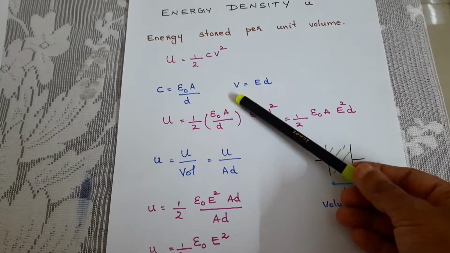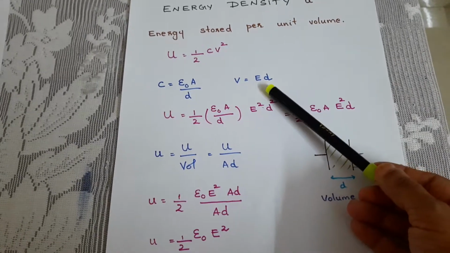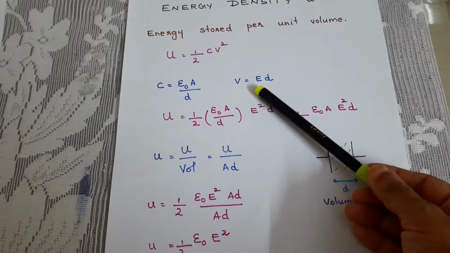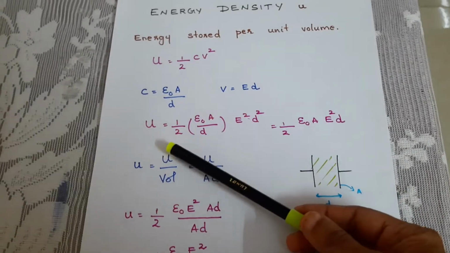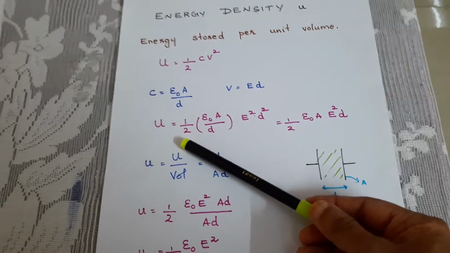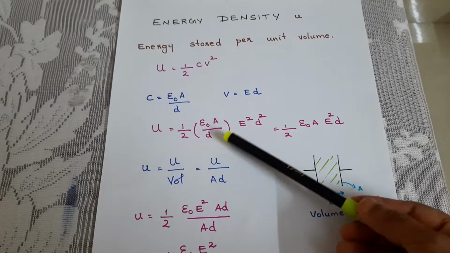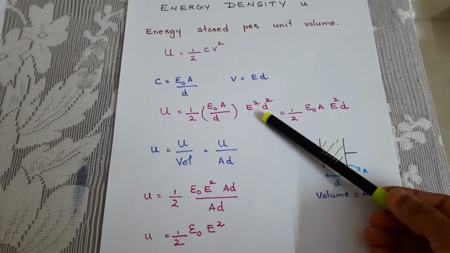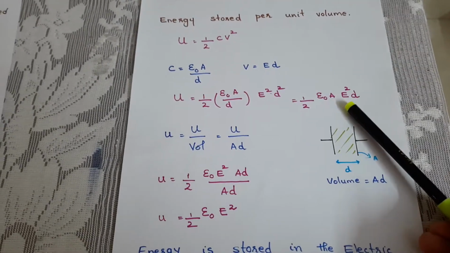And the potential difference V is equal to ED, where E is the electric field between the plates. Therefore, the energy U is equal to half epsilon 0 A by D E^2 D^2. And this becomes half epsilon 0 A E^2 D.